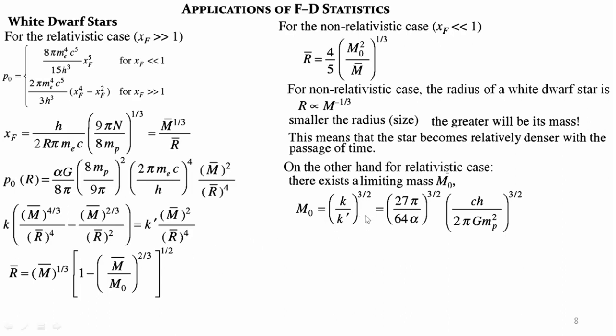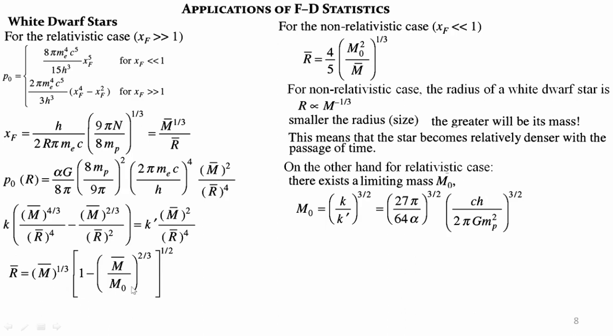So this mass limit in itself is trying to hint towards a situation under which, if the mass of the star is greater than this limit, then it would go to a very small radius. You can say that when m bar is equal to m naught, the radius is 0.